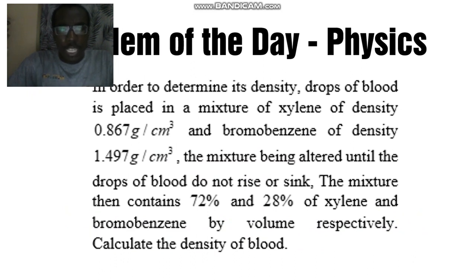Per the question, in order to determine its density, drops of blood are placed in a mixture of xylene of density 0.867 gram per cubic centimeter and bromobenzene of density 1.497 gram per cubic centimeter, the mixture being altered until the drops of blood do not rise or sink. The mixture then contains 72% and 28% of xylene and bromobenzene by volume respectively. Again, we have to calculate the density of blood.